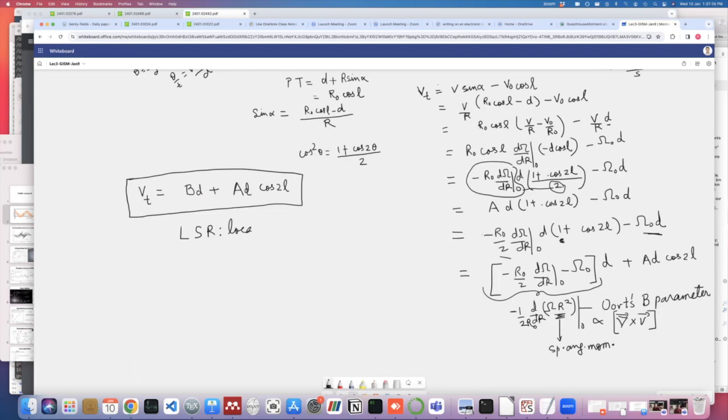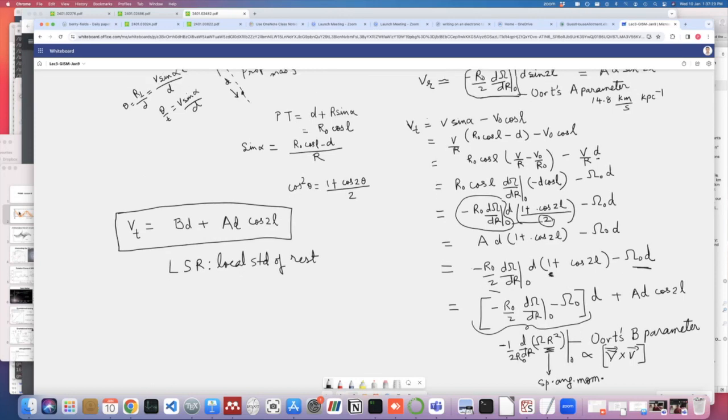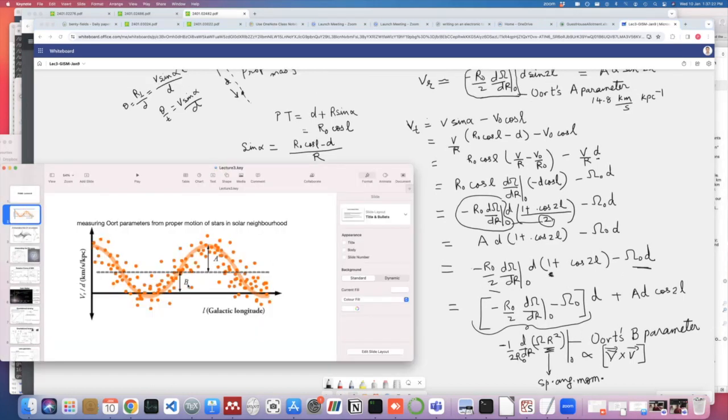So this is about how we measure Oort's A and B parameters. Look at the proper motion as a function of longitude; the offset gives you the value B, and the amplitude of this cosine 2l modulation gives you the parameter A. This was done by Oort in the 1920s.